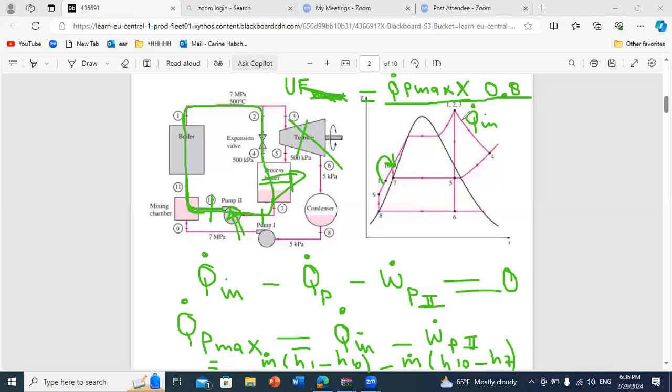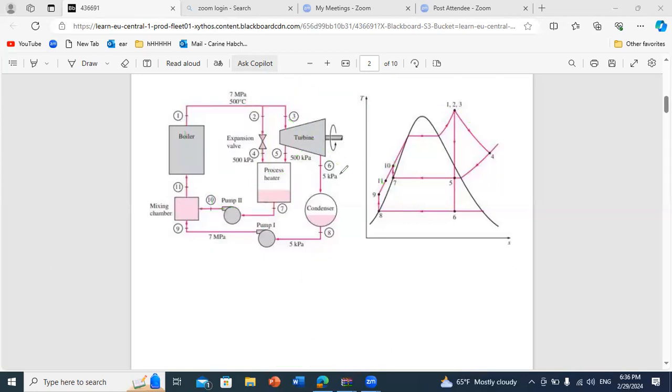And in general, we use cogeneration, and at the same time, we produce electricity and process heat. To do this, all we have to do is to play with the fractions. So what is the fraction? We can take a fraction here, a fraction here, depending on the energy that we need to extract.